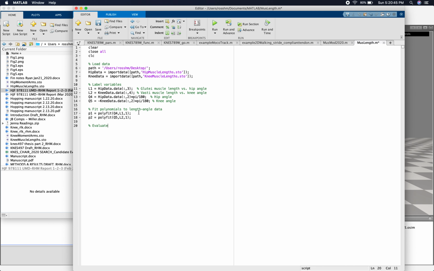Okay. We then want to evaluate our polynomials. So these will be our estimated muscle lengths per these polynomial fits. And that's the polyval function, where you tell it the polynomial coefficients, and then you tell it the angles that you want to evaluate those polynomials over.